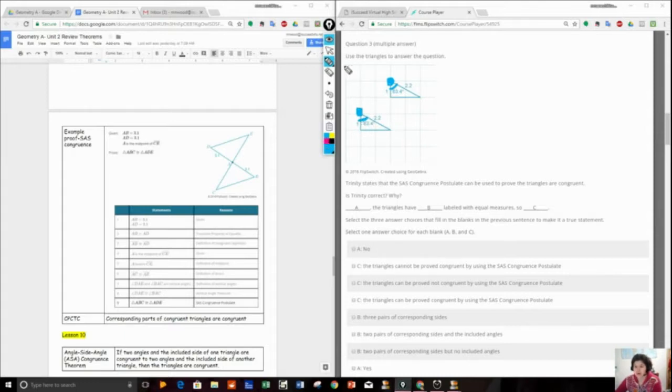Now we need to know if the two sides of that angle are the same. So I'm going to be looking, this side is 1 and this side of the corresponding angle is 1.